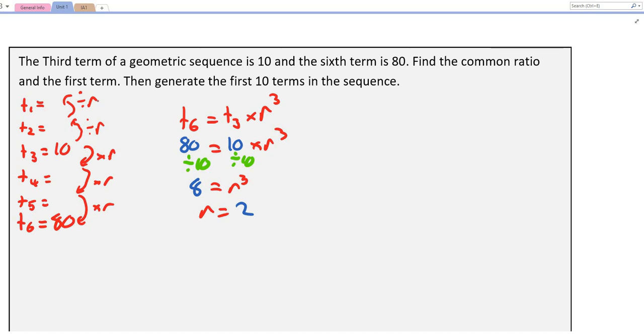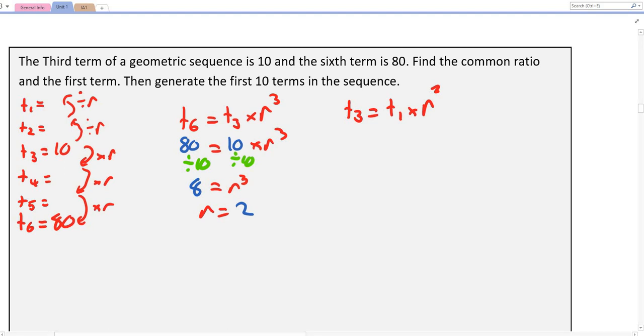I'm going to do it using a rule, though, because I think recognizing how to use rules is really important. Similar to the equation I just set up, if I start at T1 and want to get to T3, how many jumps do I have to do? 2. Jump once to get to 2, again to get to 3.